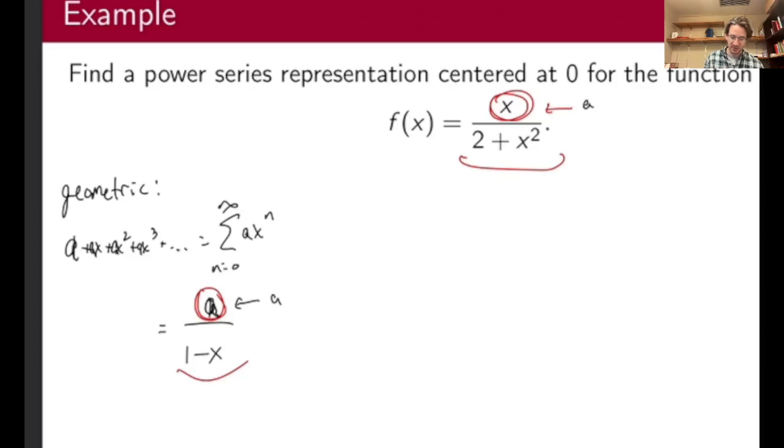So this just tells me that a is x. My very first term should look like x. The other, more annoying thing is that I have a 2 here, where in this formula I have a 1. And then I've got a plus x squared here, where down here I have a minus x. So let's take care of the 2 first.